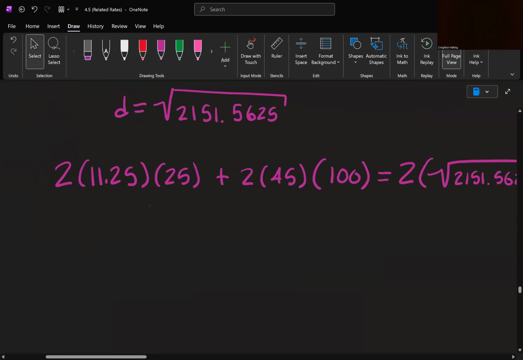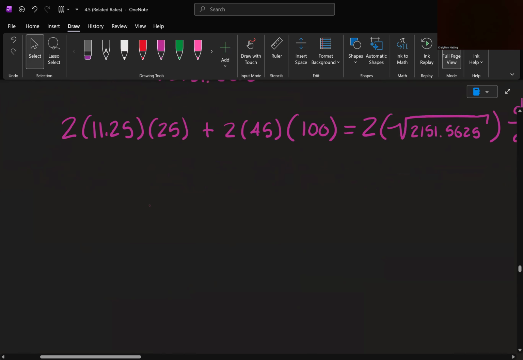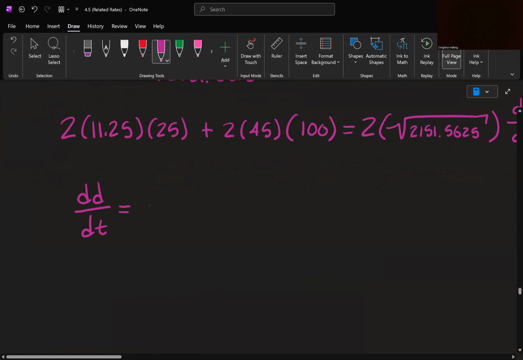Now, I am going to skip all the algebra. Please just trust me. Please do it yourself. dD/dt is going to be equal to, once you simplify all of these terms and isolate dD/dt, you will get 103.078 feet per second.